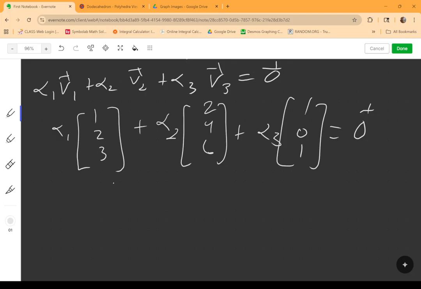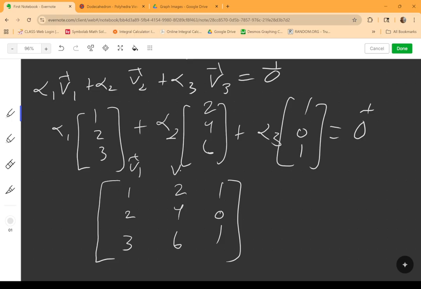Now we can write that as a homogeneous system, with matrix rows 1, 2, 3; 2, 4, 6; 1, 0, 1, where the columns are v1, v2, v3.